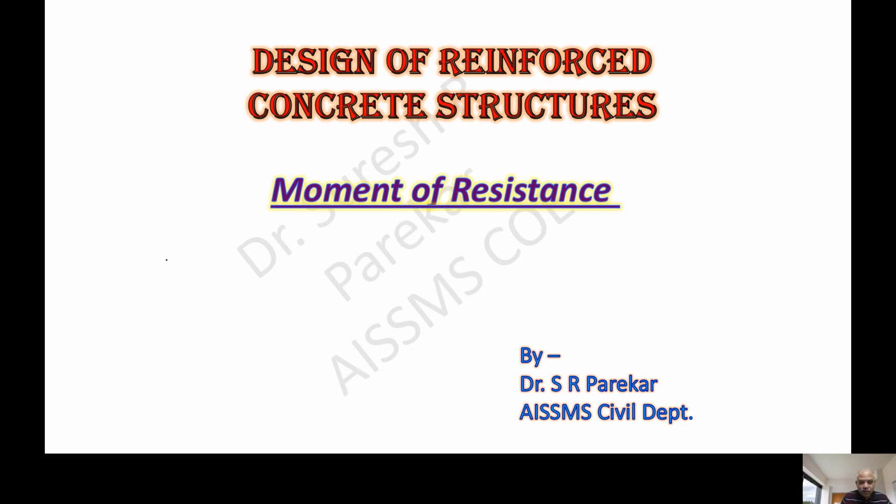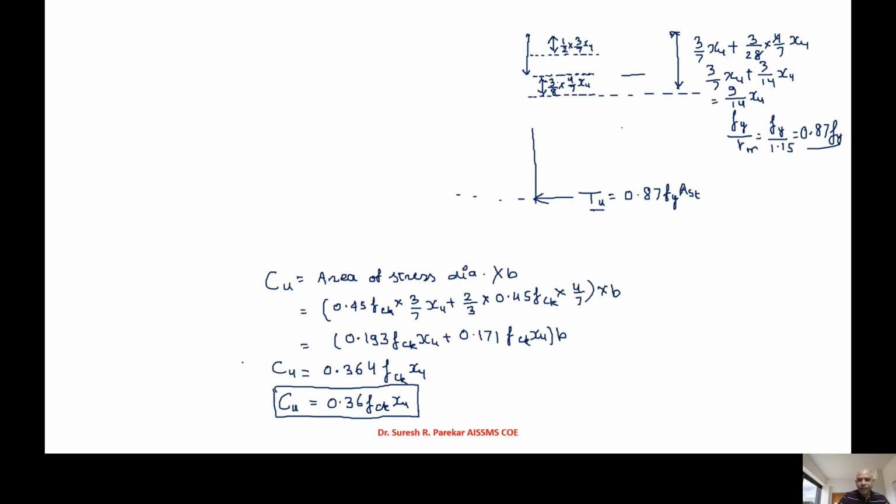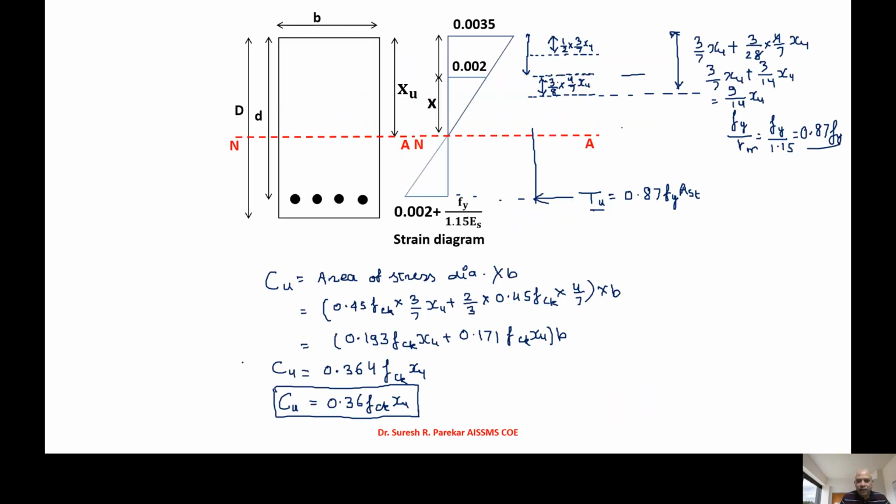So three factors: neutral axis factor, then lever arm factor, and third moment of resistance factor, and fourth we are going to see formula for Ast, that is area of steel in tension. So now in last lecture we have this formula for Cu, 0.36 fck Xu.